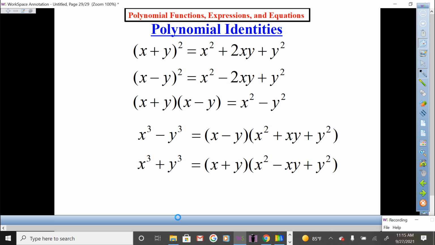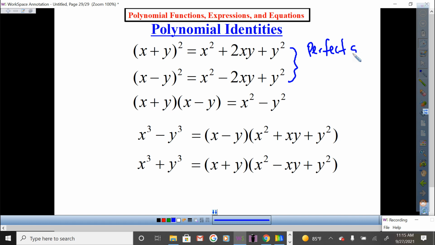As you're writing these down, I mentioned when we first covered the first 3 that these were known as perfect square trinomials. From there, this third one, I said this is known as difference. Now here's some terminology.